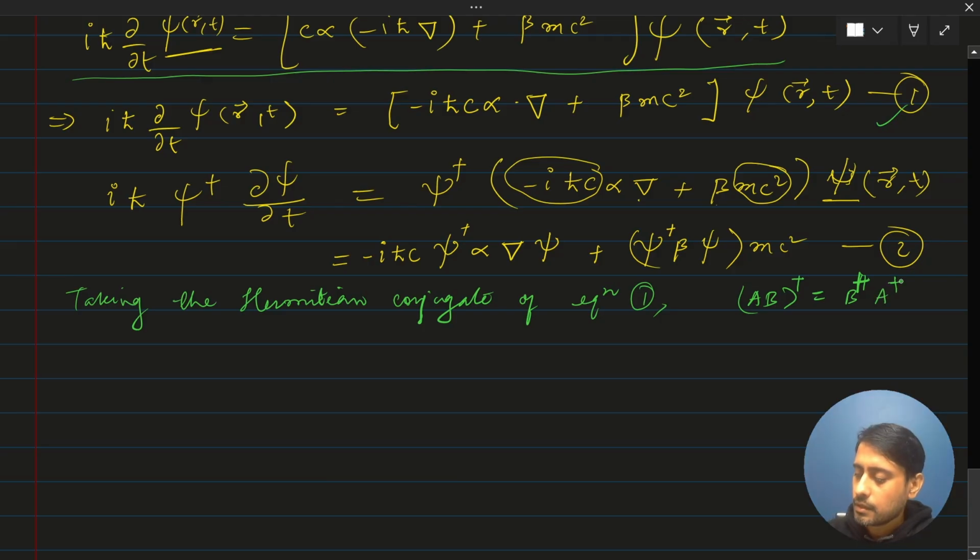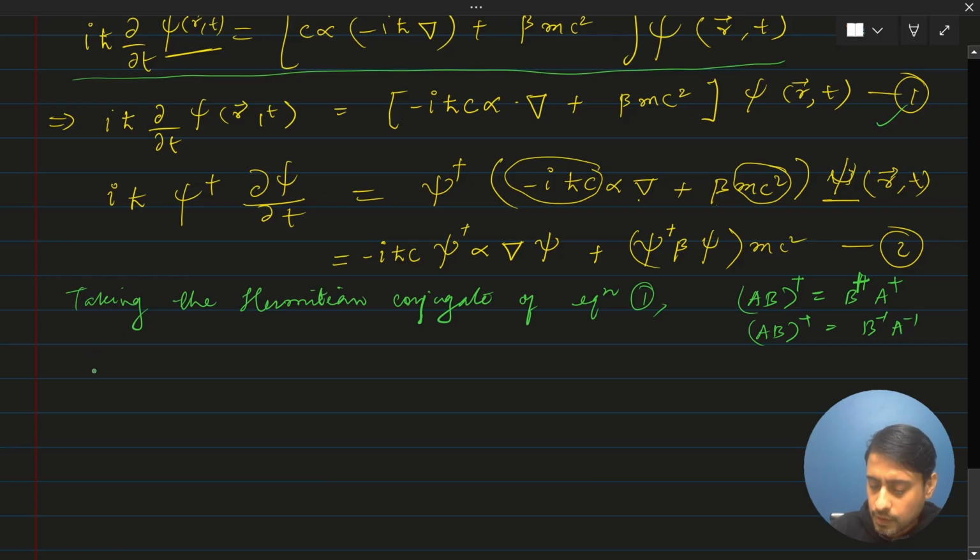Like this is also for the inverse. The inverse of the matrix product AB is given as B inverse A inverse. In a similar fashion you write the Hermitian conjugate of a product. So whatever is there in the left, we have to take the conjugate.